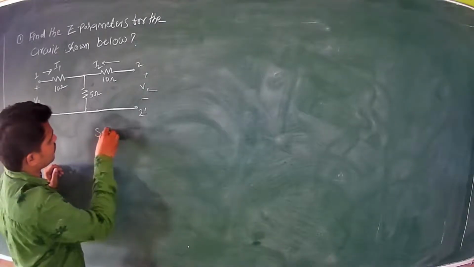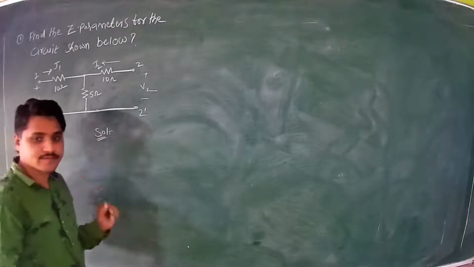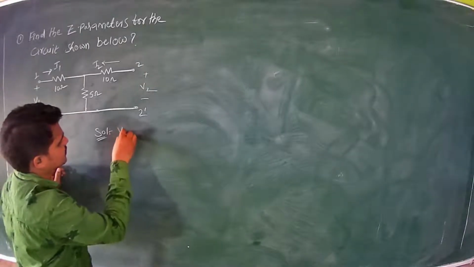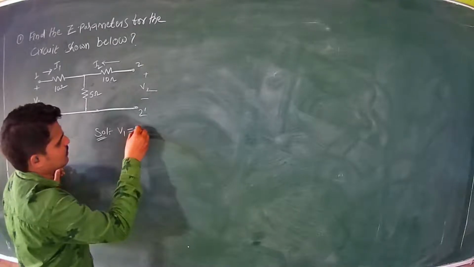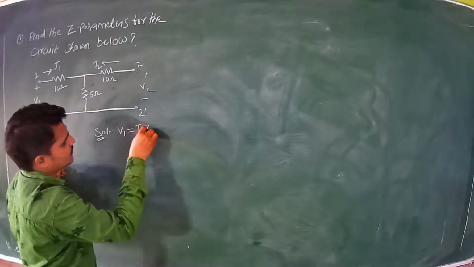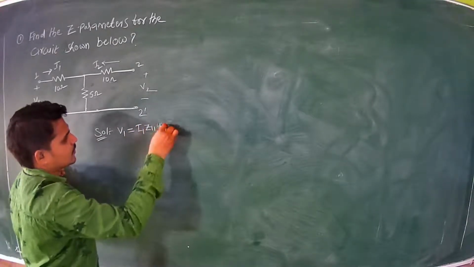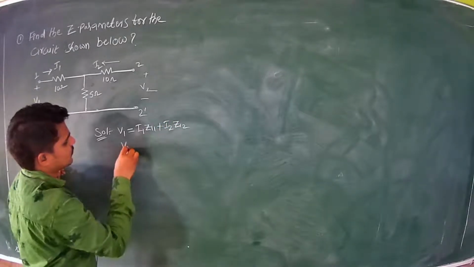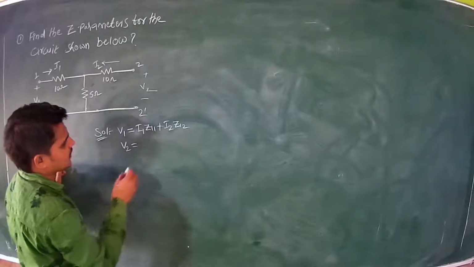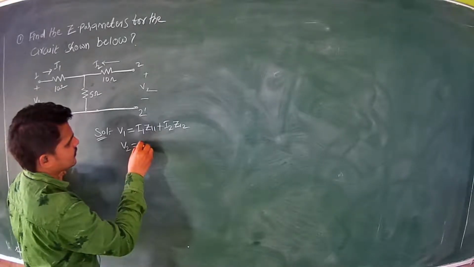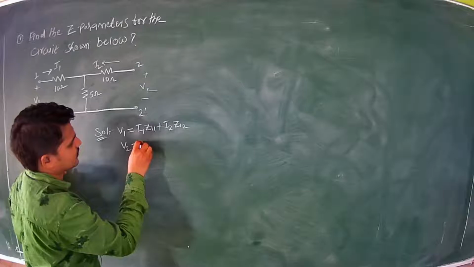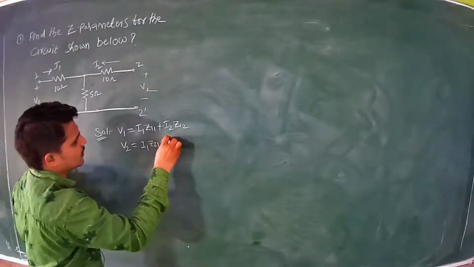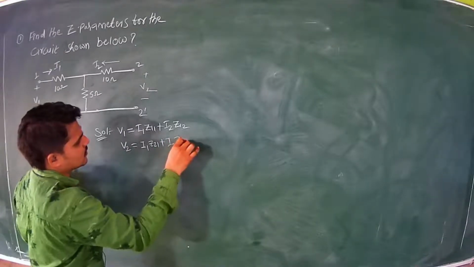So let us solve. First write down the Z parameters. We know the Z parameter equations: V1 is equal to I1 Z11 plus I2 Z12, and V2 is equal to I1 Z21 plus I2 Z22.